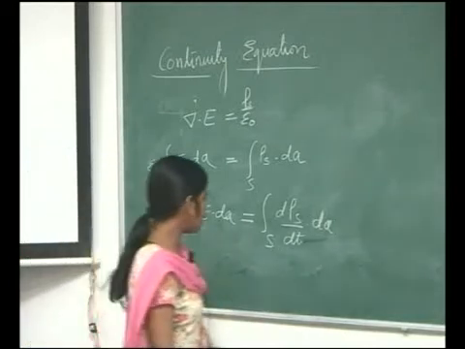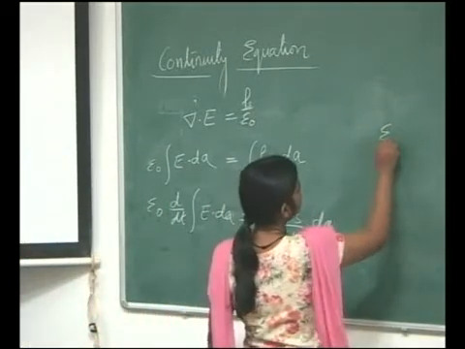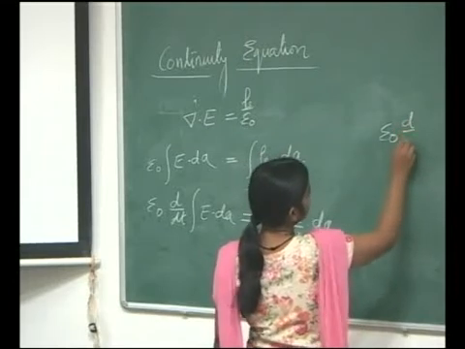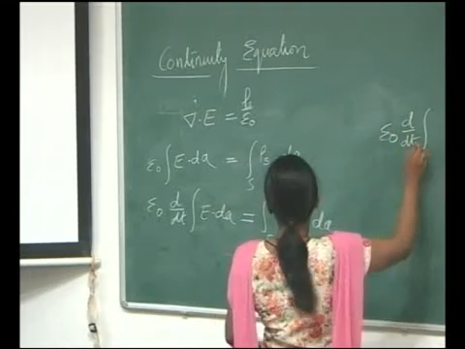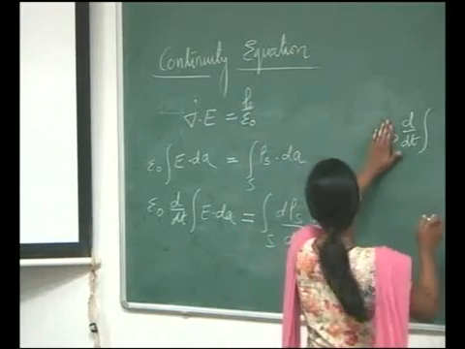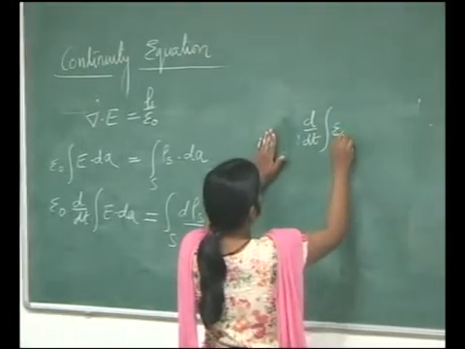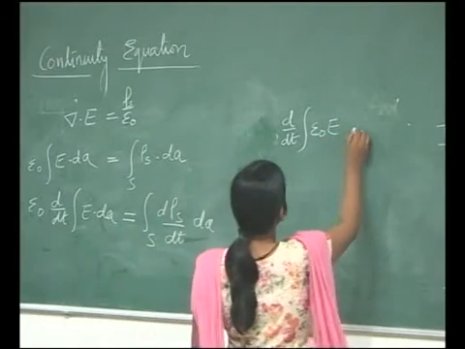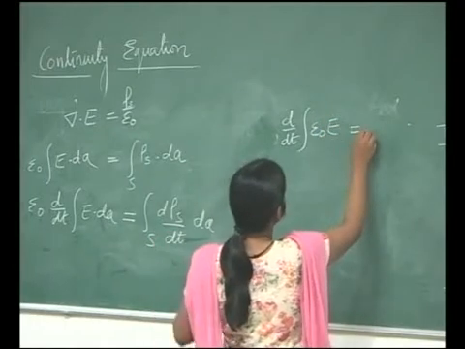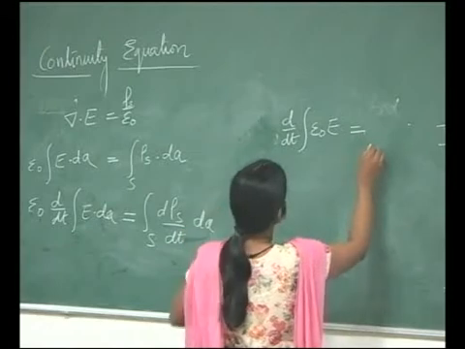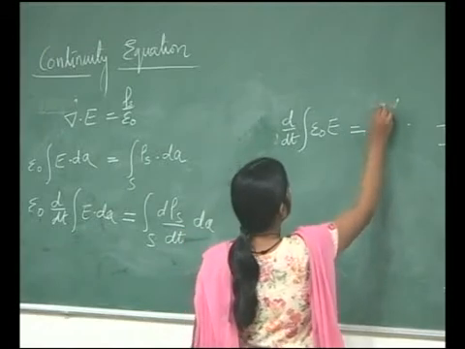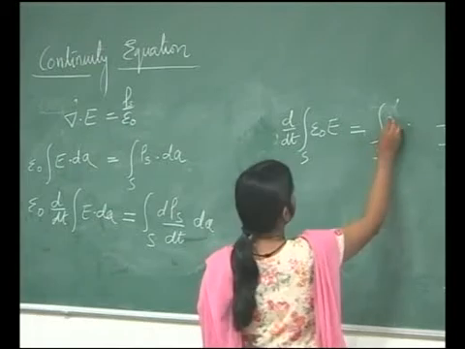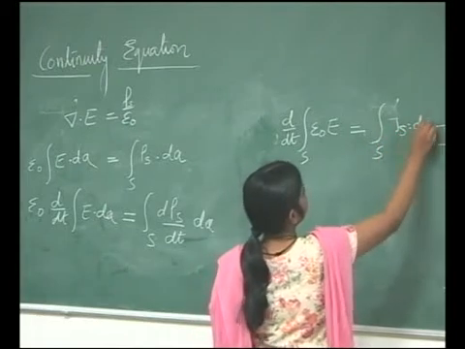So, what I get here is that epsilon naught d by dt, or I take it inside, epsilon naught E is equal to integral over S Js dot dA.